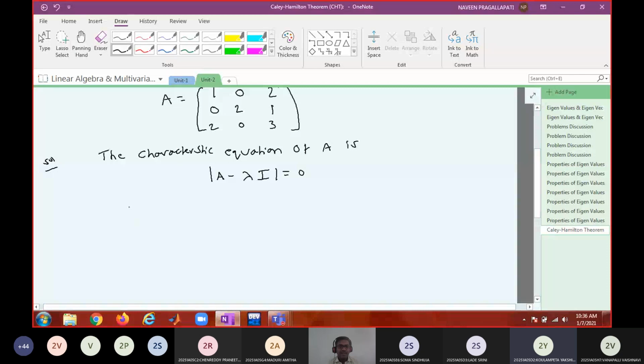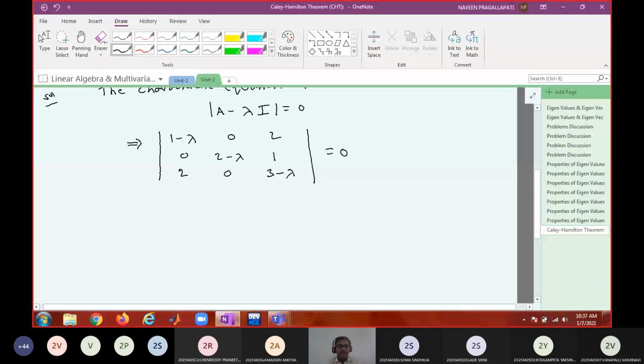That means the determinant of [1 minus lambda, 0, 2; 0, 2 minus lambda, 1; 2, 0, 3 minus lambda] must be equal to 0. So find its determinant, use the determinant formula and simplify, you will get a cubic equation. Tell me that cubic equation.